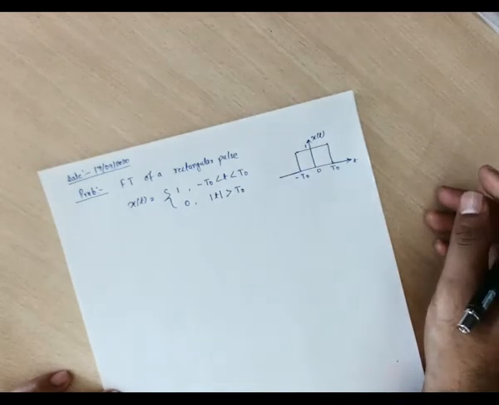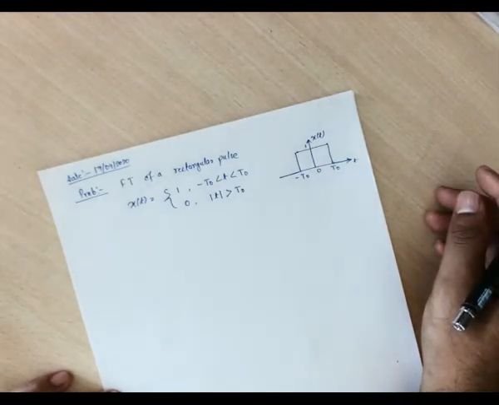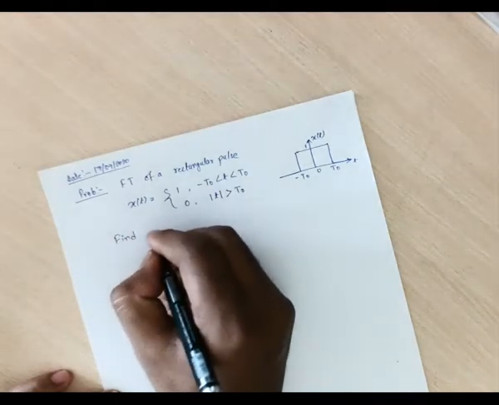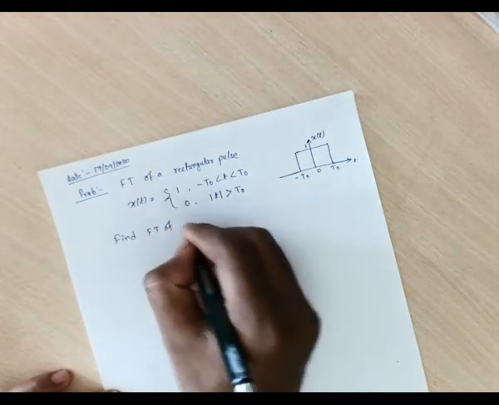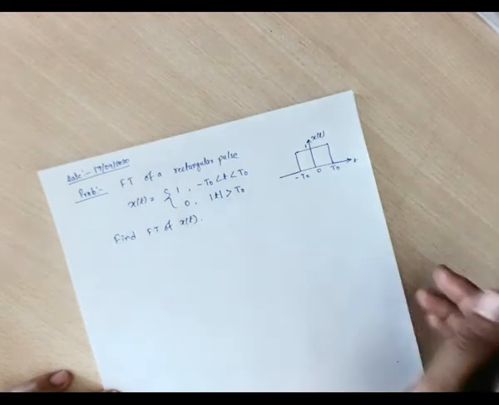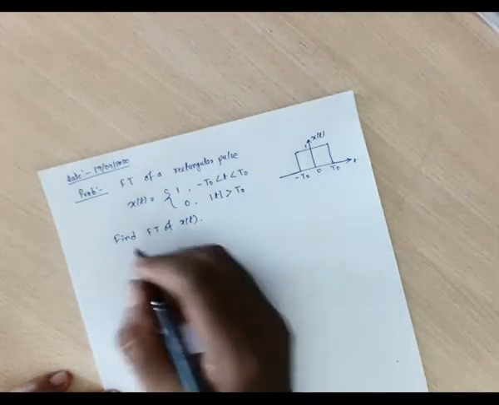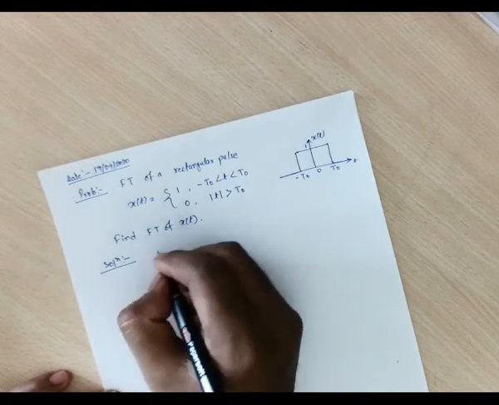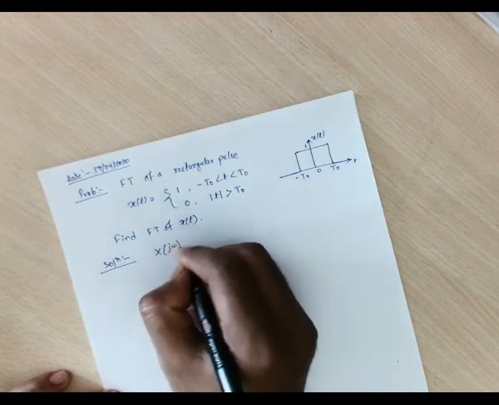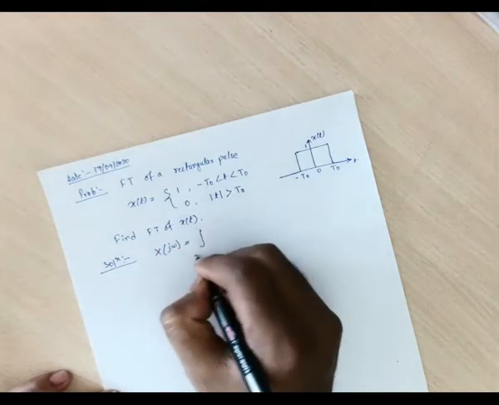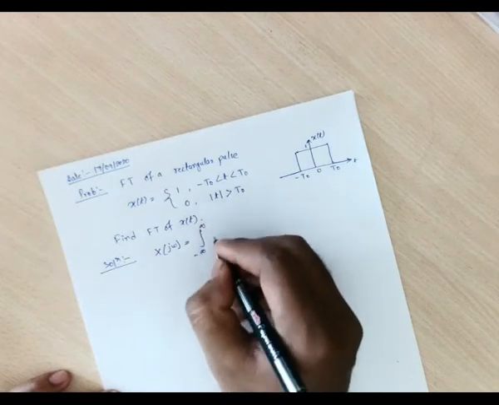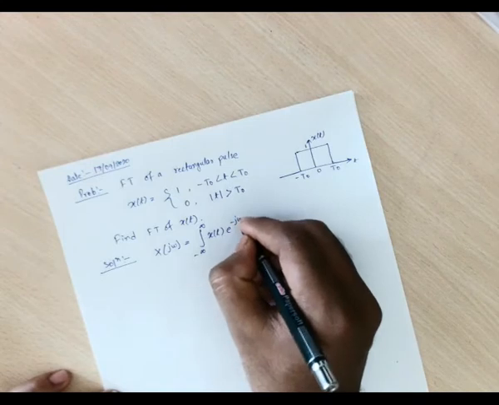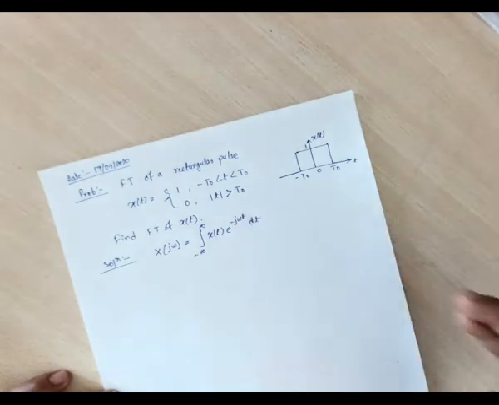So for this rectangular pulse we need to find the Fourier transform of x of t. So how will we go? X of j omega is the integration from minus infinity to infinity of x of t e to the power minus j omega t dt.